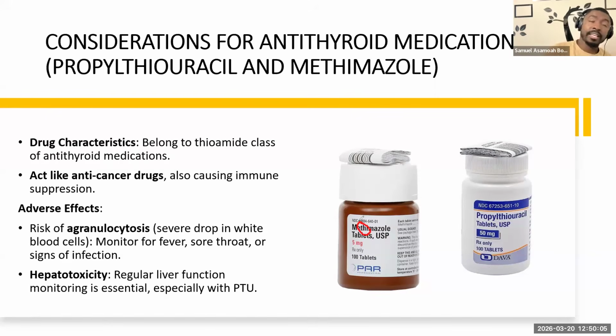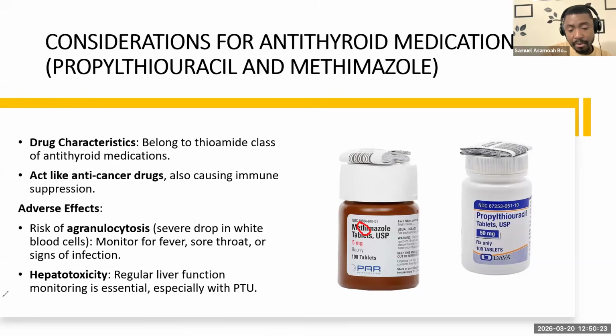When you give this drug, it brings the immune system down, it dampens it. And when that happens, there's a drop in the white blood cells, and this makes the person susceptible to infection, true or false? True. And then, of course, it's quite a hard drug for the liver, so you can also check the liver.